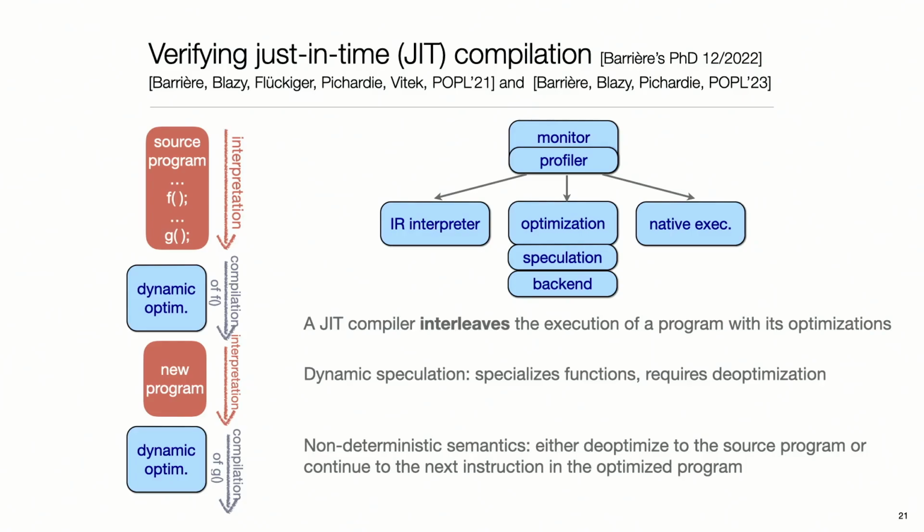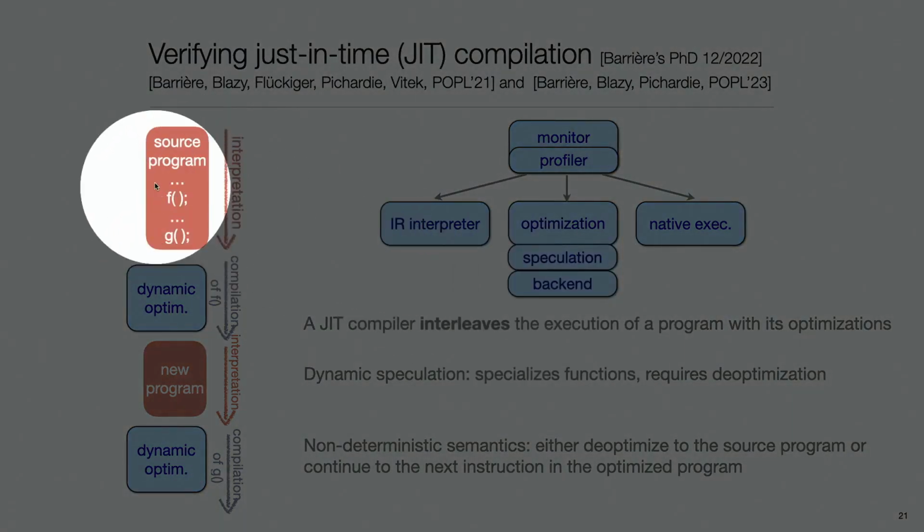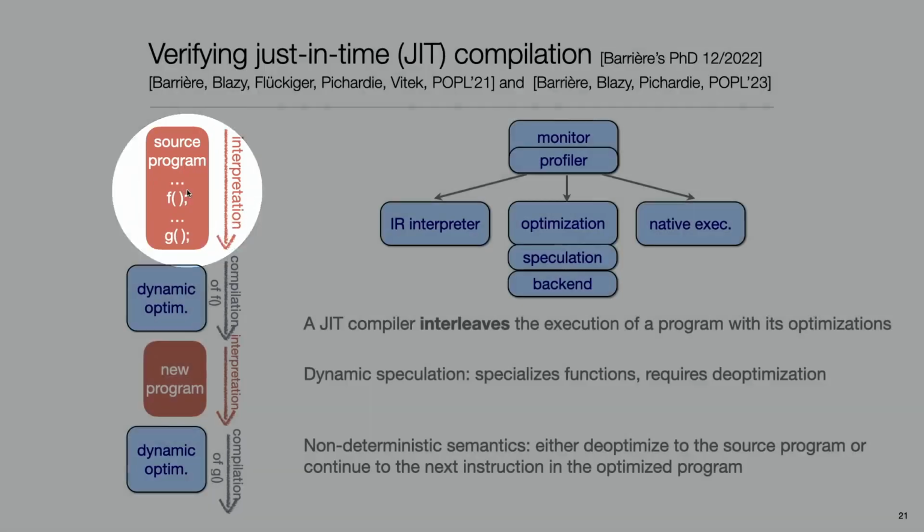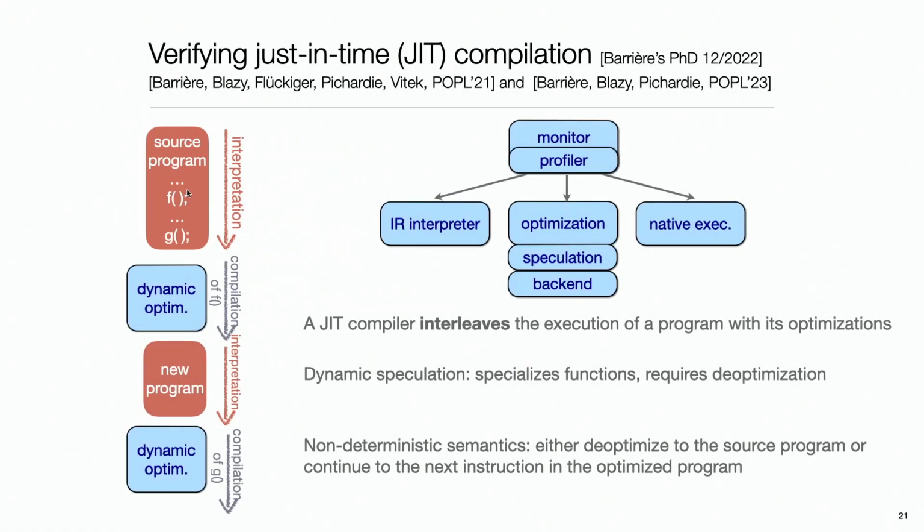Roughly speaking, a JIT compiler interleaves the execution of a program with some dynamic optimization. Initially, when you have a source program, the JIT starts by interpreting it.